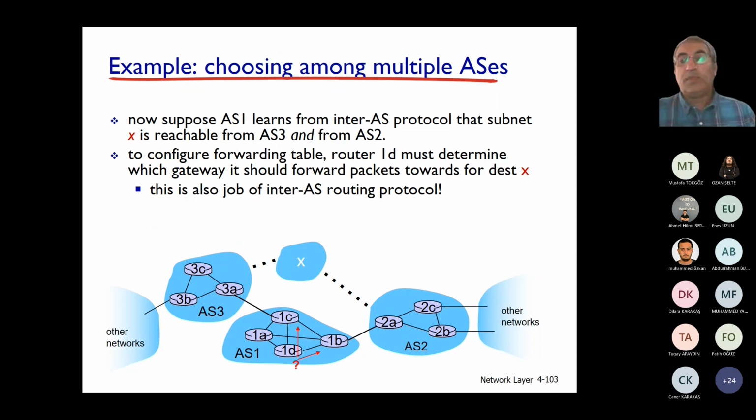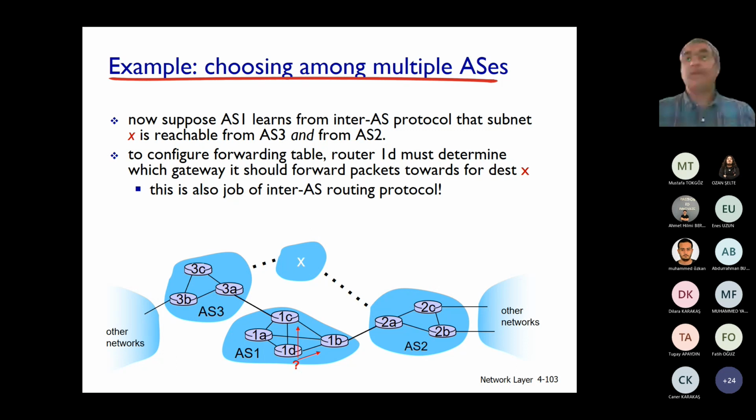Now let's give an example of choosing among multiple autonomous systems. Suppose AS1 learns from the inter-AS protocol that subnet X is reachable from AS3 as well as AS2. Previously it was only from AS3, remember? Now we add the AS2 link as well.